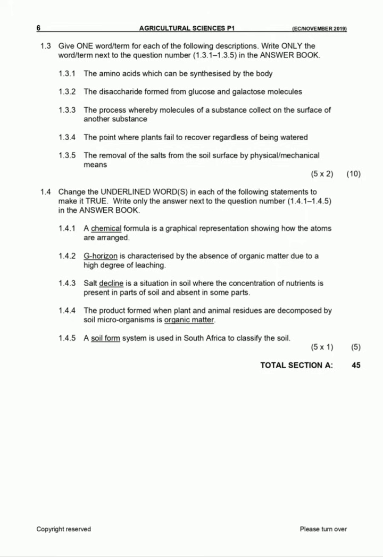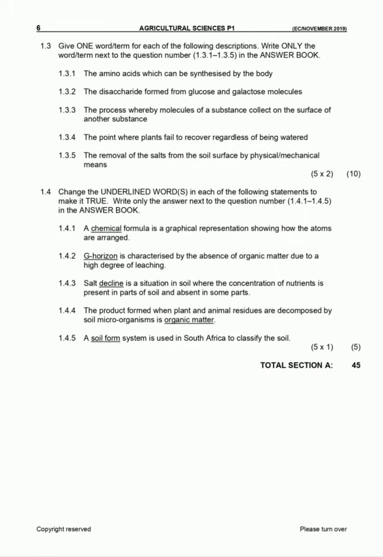It's the E horizon, guys. All right, salt dash. So we've got decline there. Obviously, we know that is the wrong word there. We don't want that decline because it has been underlined. There's a situation in soil where the concentration of nutrients is present in parts of soil and absent in some. So what is that? So try, think about it. You have done this, guys.